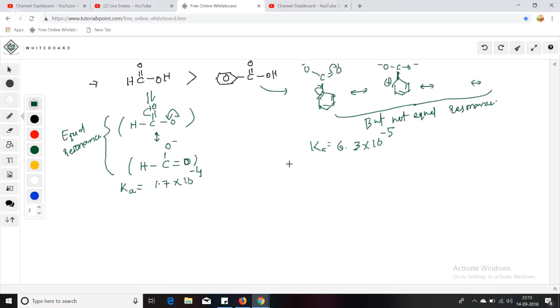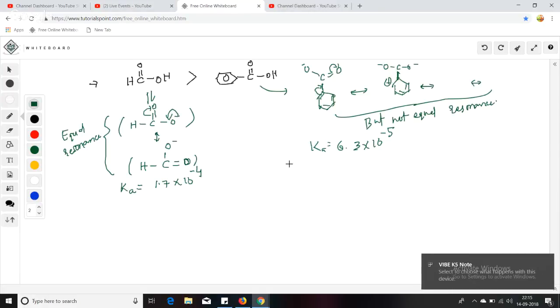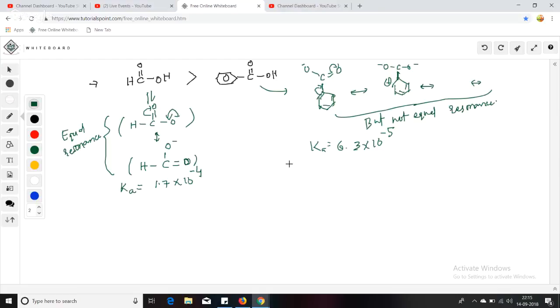See, whenever we have this kind of organic compound, most of the time we can explain the acidity and basicity order on the basis of various electronic effects that we have, aldehyde, ketone, and all. Okay, but sometimes when more than one kind of electronic effect is taking place, it is very difficult to explain the overall nature of the product.